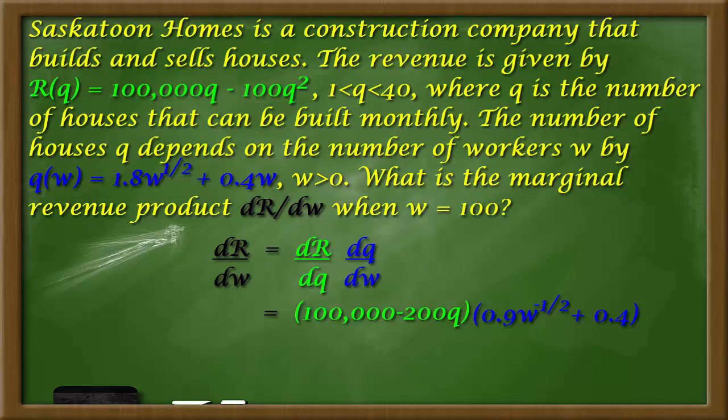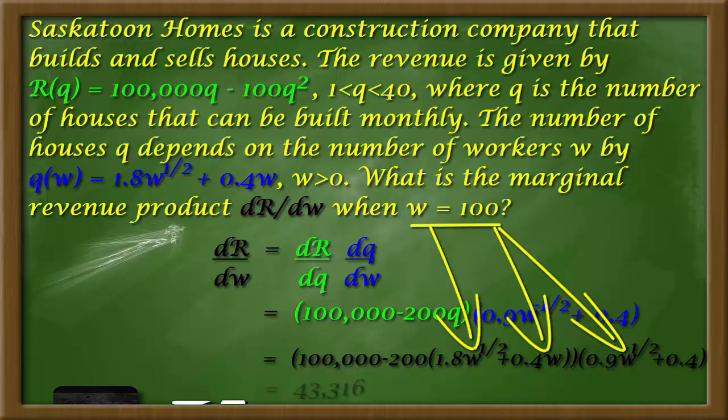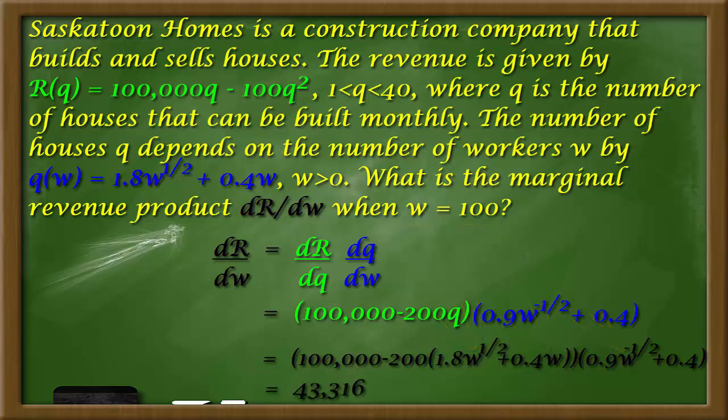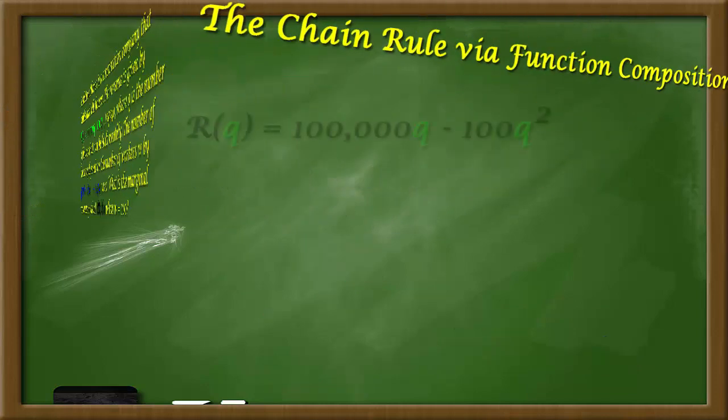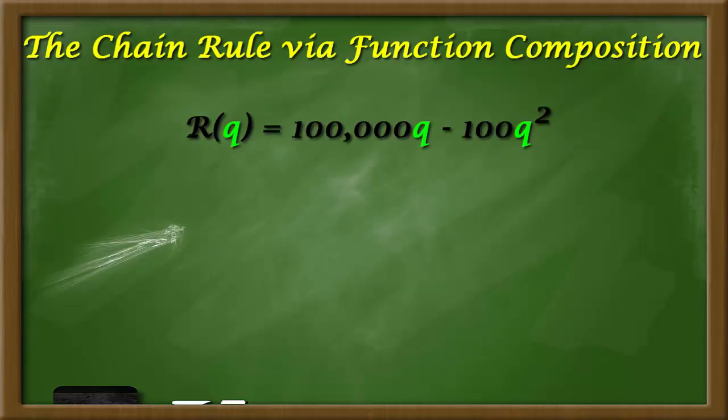And since we want dR/dW, we want the derivative in terms of W, so we replace Q with Q of W. Then when W equals 100, the marginal revenue product is $43,316.